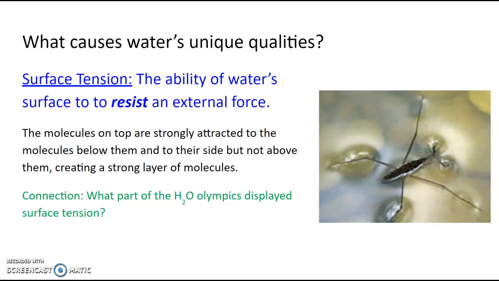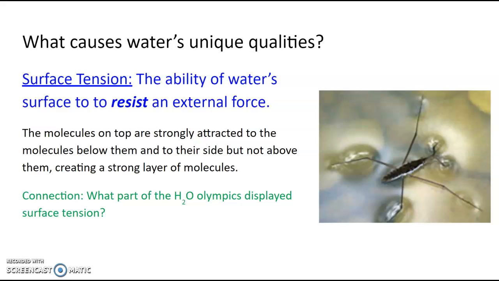And air doesn't really have charged particles, and so the water isn't attracted to it because there's nothing for it to interact with magnetically. And so it creates this really strong layer of molecules.